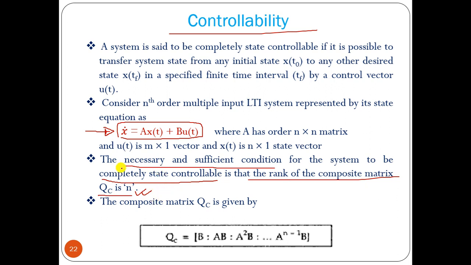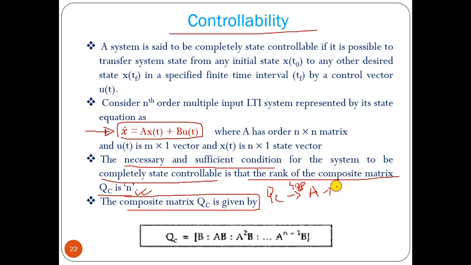That means to find out controllability, we have to form a composite matrix, which is called Qc. The size of that matrix should be equal to the size of the A matrix.